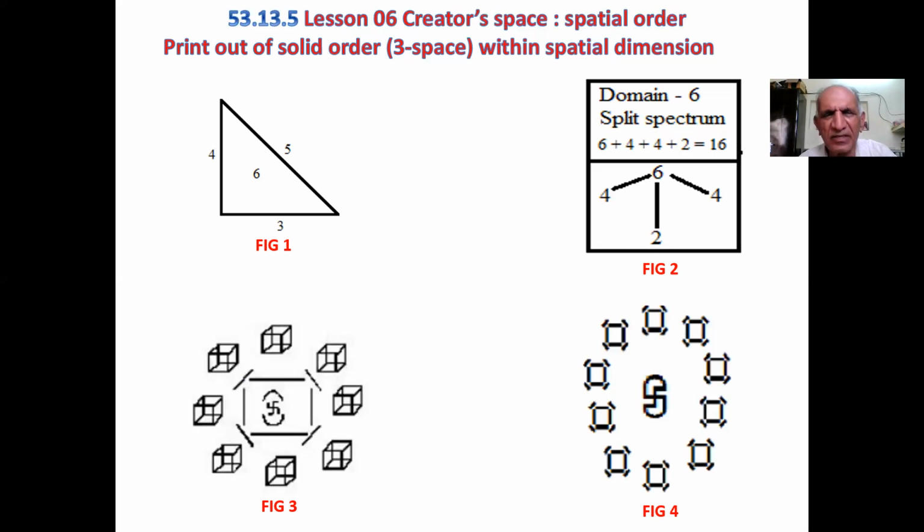One may have a pause here and take note that domain 6, surface area 6, as 6 units, as space content of 6 units, as domain 6 leads to domain split spectrum of value 16 as 6 space domain splits into a pair of creative dimensions and a spatial dimension of dimension.